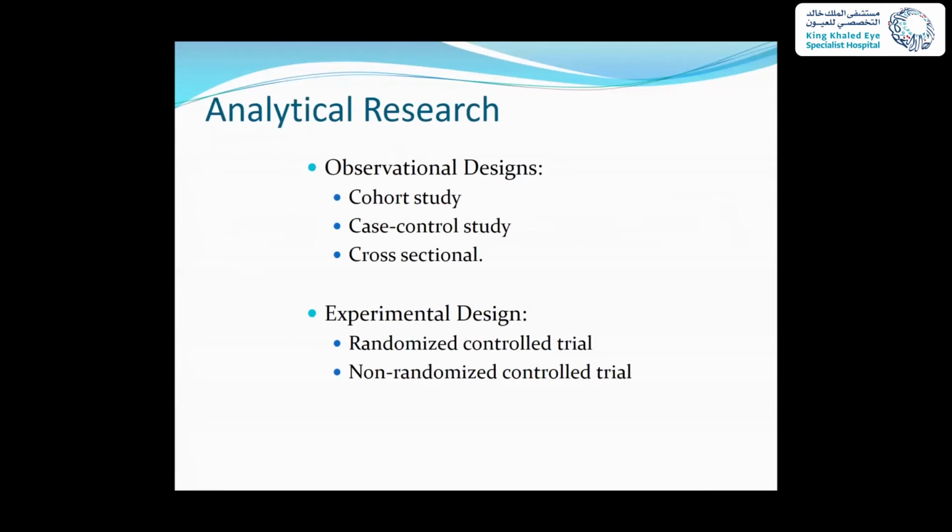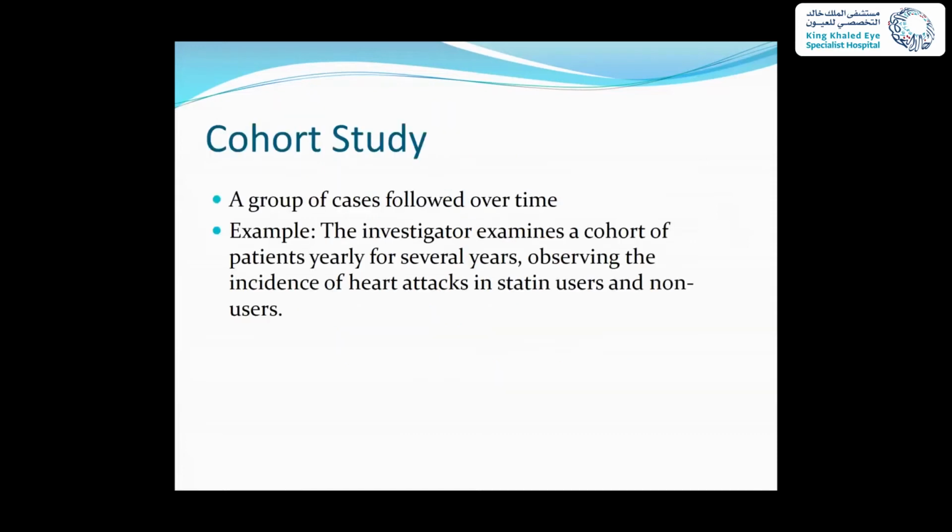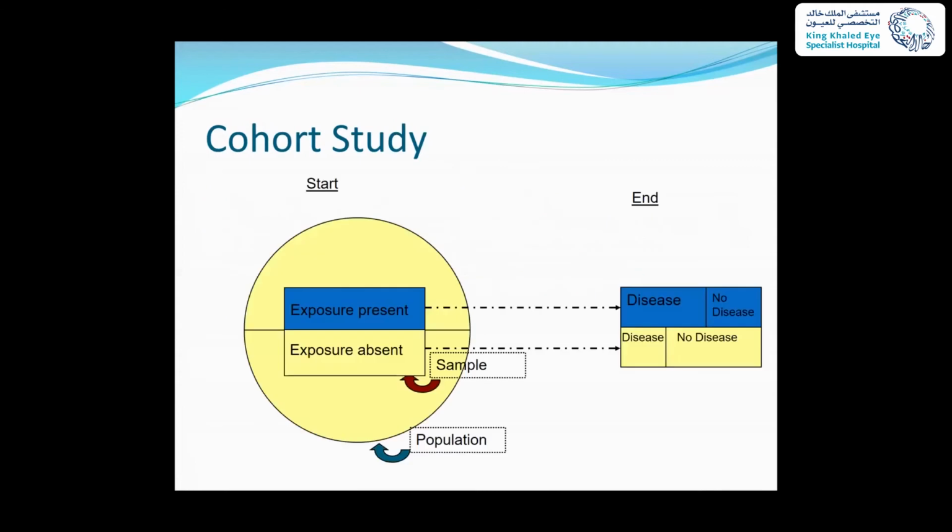Analytical studies, as we said, we have the observational, the cohort, a group of cases followed over time. It could be followed for several years, observing the incidence of heart attacks in statin users and non-users, for example.